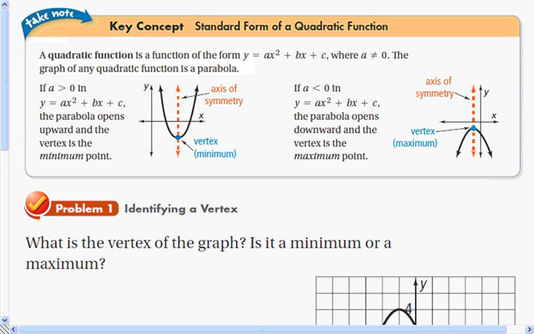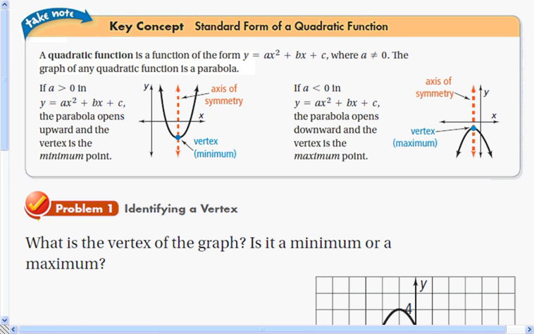All right, important concepts here for you to know is a quadratic function is a function where the highest powered term is the second degree. And when you do that, you're going to get a parabola. The parabola may open upward or downward. If it opens upward, then the vertex is at the minimum point.